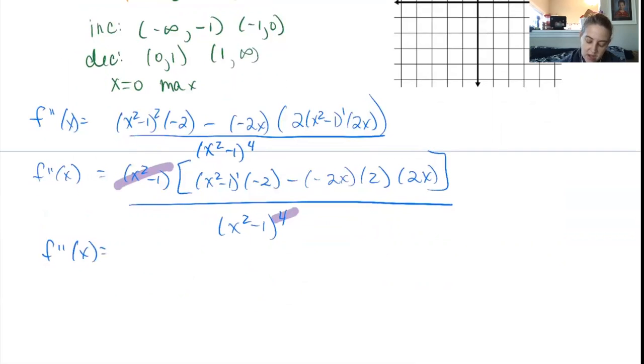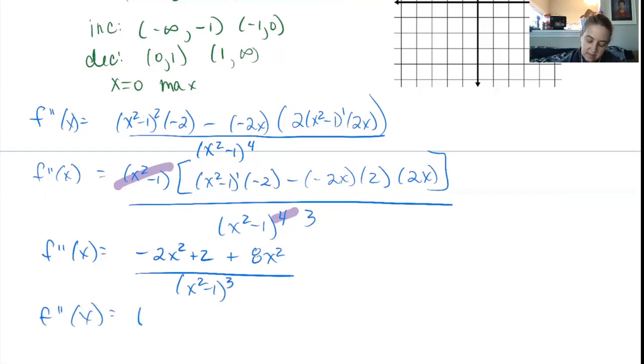So I've got -2x squared plus 2. And then this is plus 8x squared all over x squared minus 1 cubed. And this is 6x squared plus 2 over x squared minus 1 cubed. That's a whole lot for the second derivative.